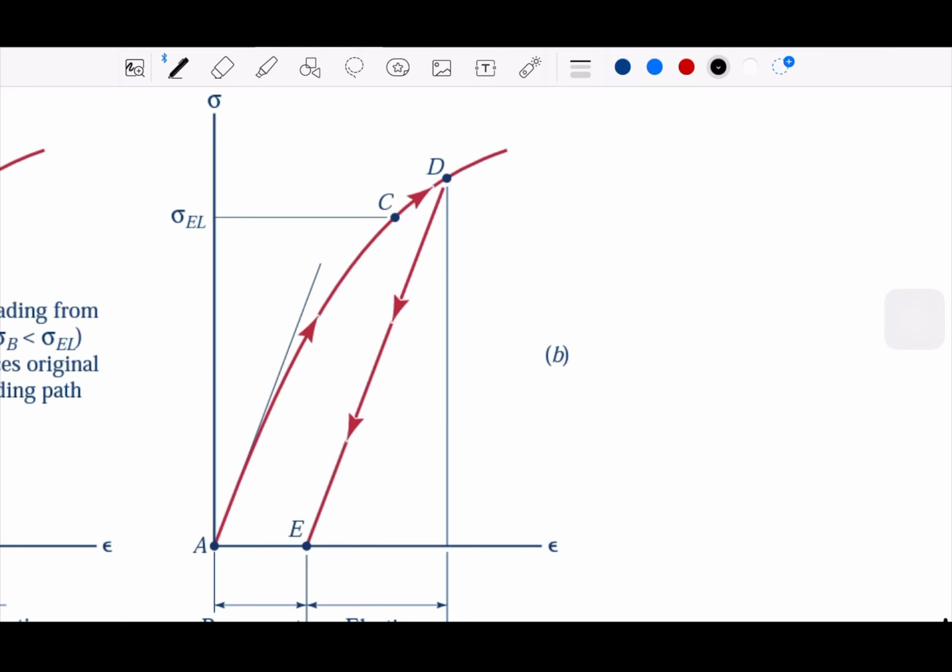The way to imagine it: first draw the slope from the original point, and when you release the loads, you make a line with the same slope. And this length is how much the shape has been deformed. So we say this is the permanent deformation. This much is the permanent deformation.